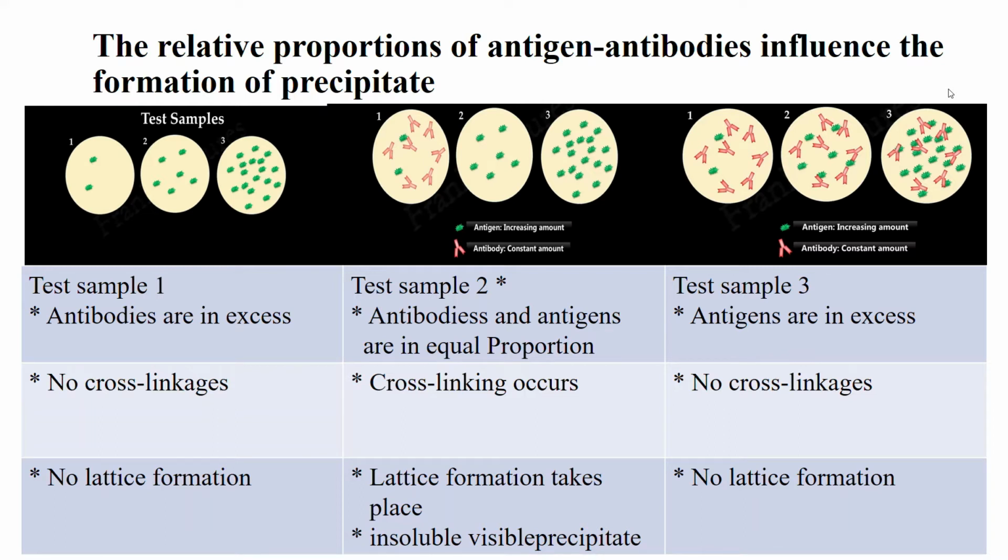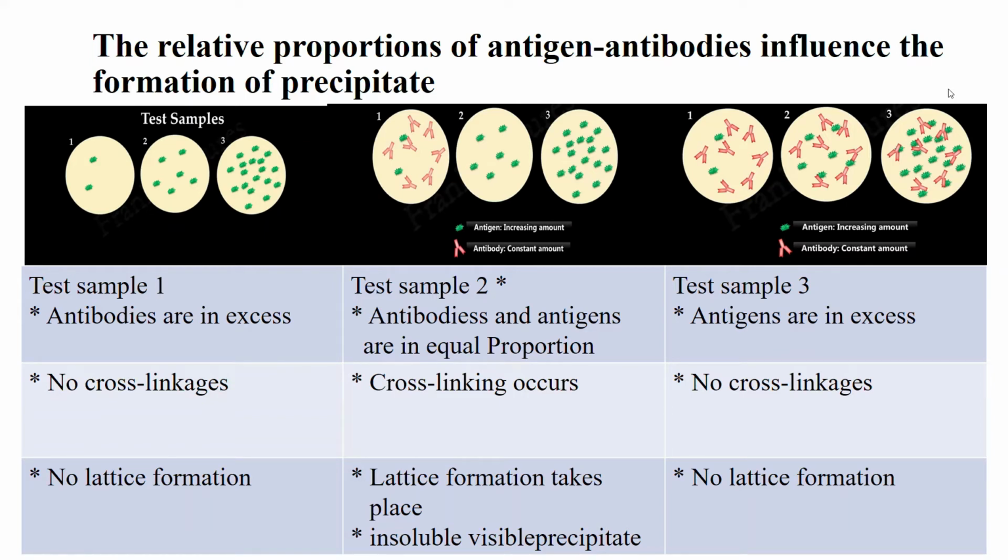In the case of the second test sample, antigen and antibodies are in optimum concentration because the antigen epitopes and the antibody binding sites are in equal proportion. Each antigen is shared between two antibodies, so there will be formation of cross linkages, and that will result in lattice formation, which will form a visible precipitate in the second test sample.